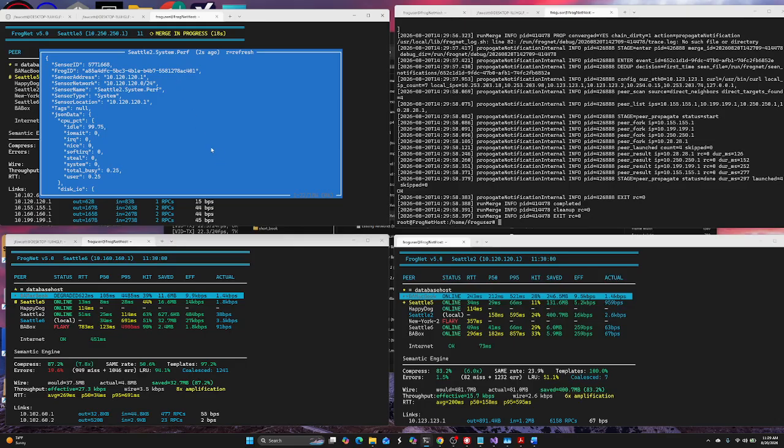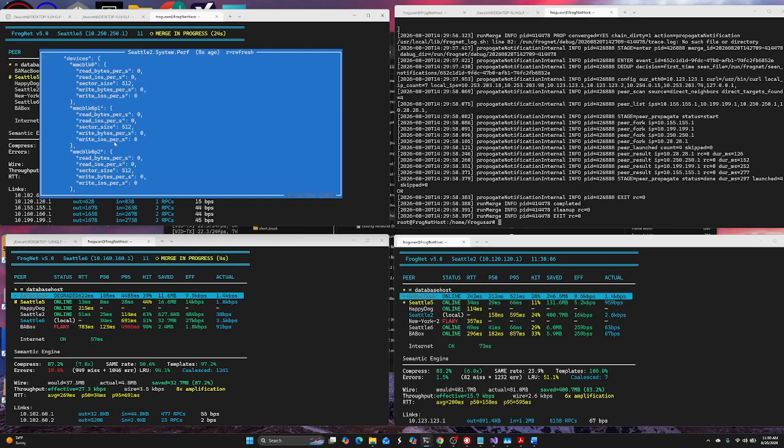The system perf information gives us information about the CPU, the disk, the memory, things like that that are on the system. And you see all this is coming back in the form of a JSON bag, right? So this is all FrogNet memory.